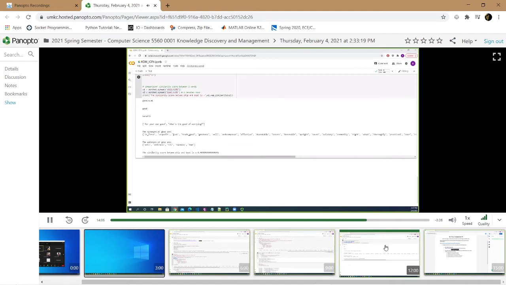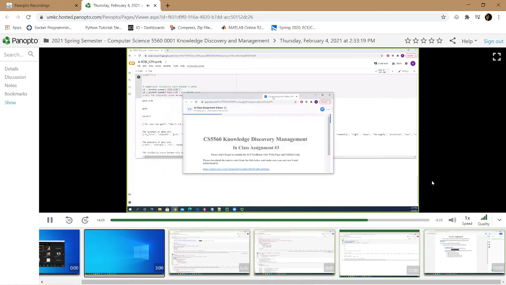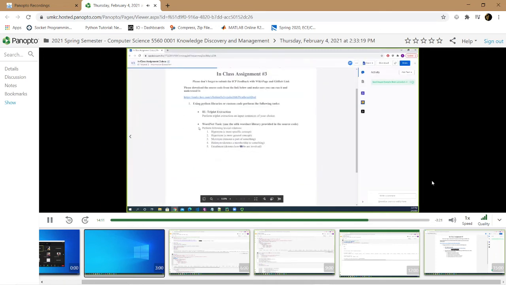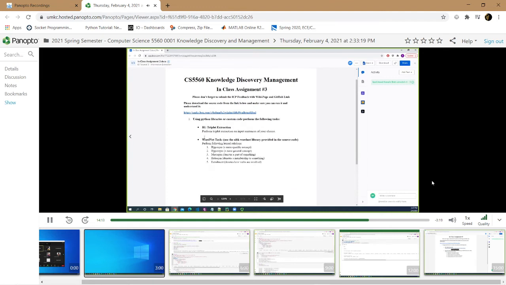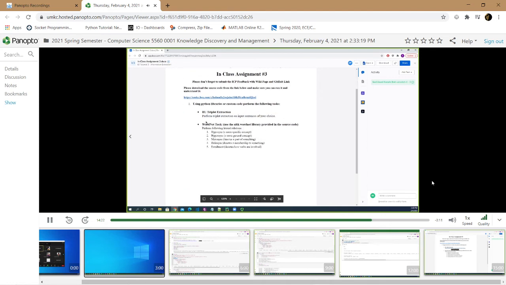So now there are two parts of the ICPs. The first part is to find the triplet extraction in a sentence, but instead of using the core API, you have to use Python libraries and your own custom code. And secondly, you can use the same library that I use, WordNet, but instead of finding similarity or synonyms, you have to look for these properties of the word.